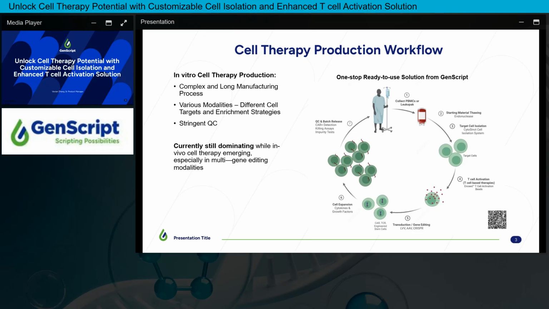Okay, so as you all know, cell therapies have emerged as one of the most promising approaches in modern medicine. It offers novel solutions for a wide range of diseases, from cancer to autoimmune disorders and regenerative medicines. The therapies can harness the power of the body's immune and regenerative cells with various types of cells, including T cells, NK cells, macrophage, and stem cells.